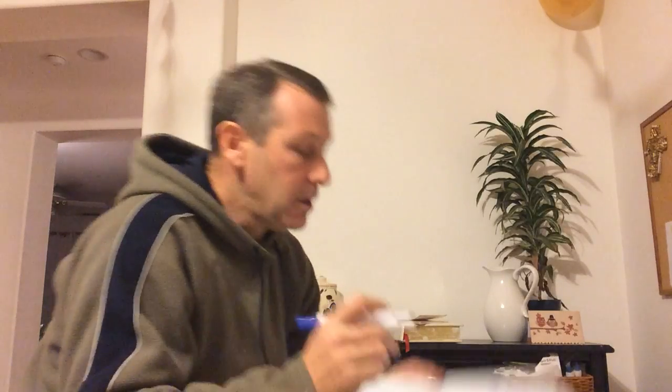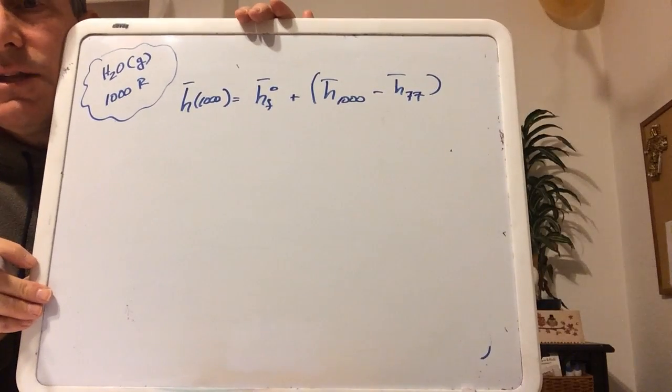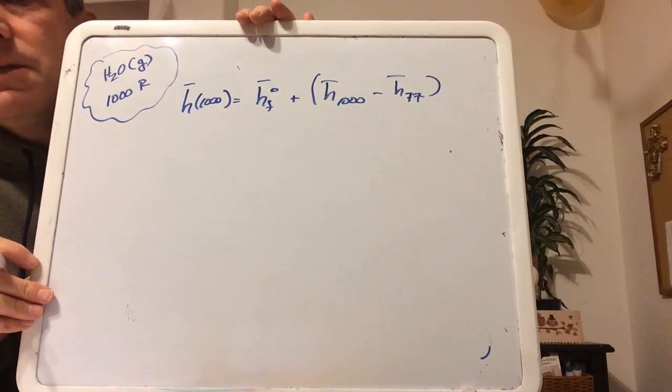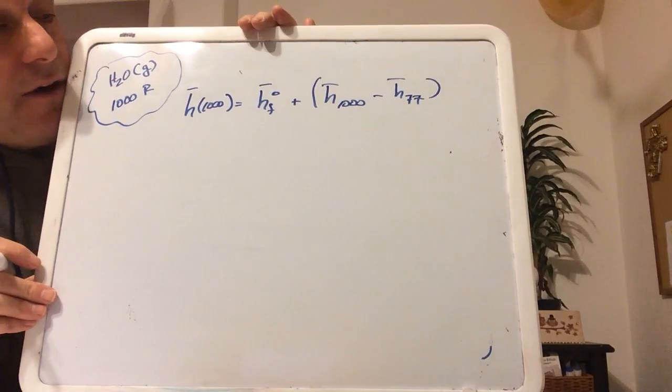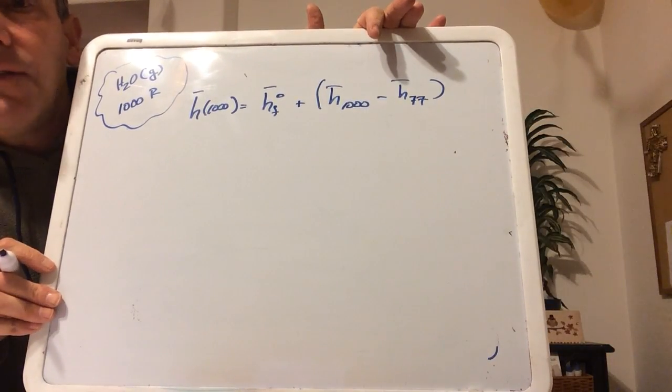We're always considering 0 to be at 77. So that's what we need to do for water. We need to figure out its enthalpy of formation, and then take the difference between its enthalpy at 1,000 Rankine and its enthalpy at 77, which in Fahrenheit, really would be 537 Rankine.